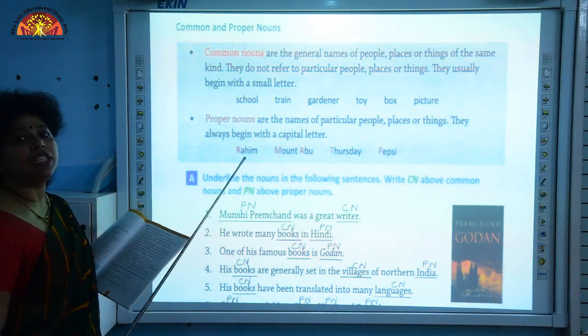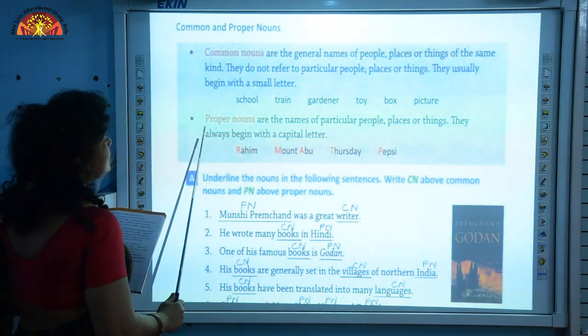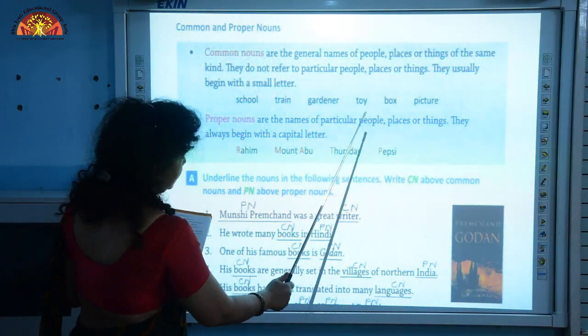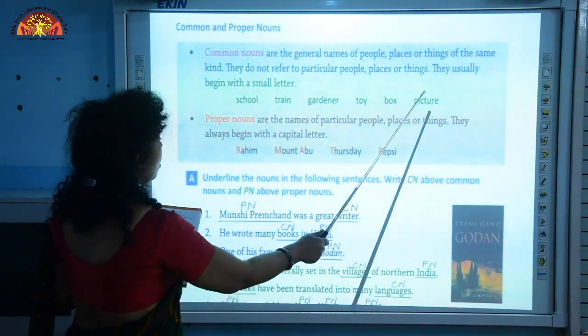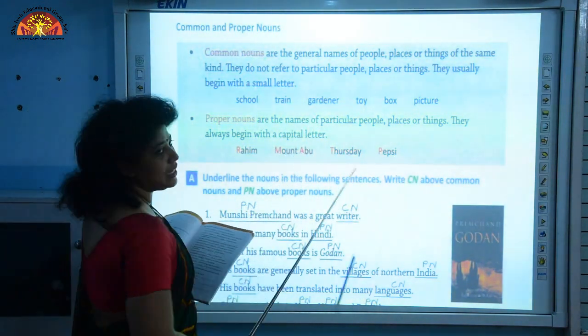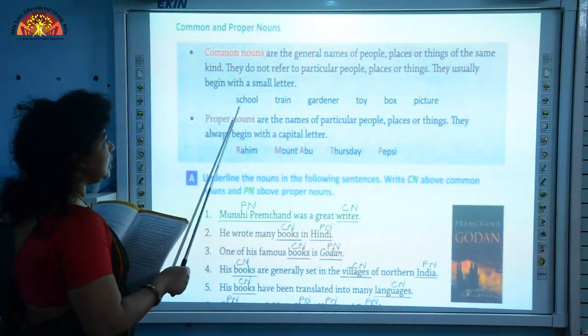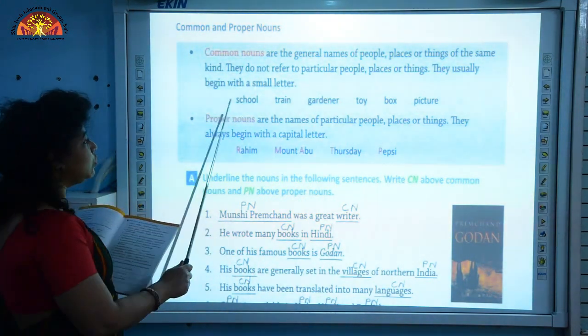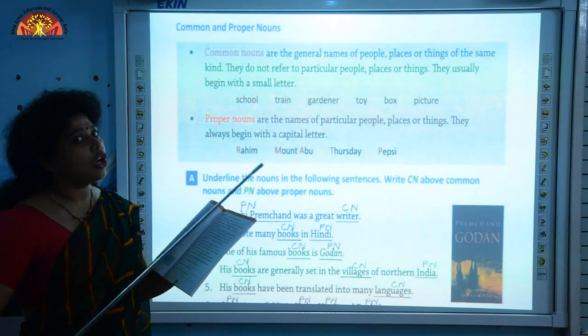Now let's come to the next type of nouns, that is proper nouns. Proper nouns are the names of particular people, places or things, and they always begin with a capital letter. Like in the previous noun, we had taken the example of school. School was a general or common name.